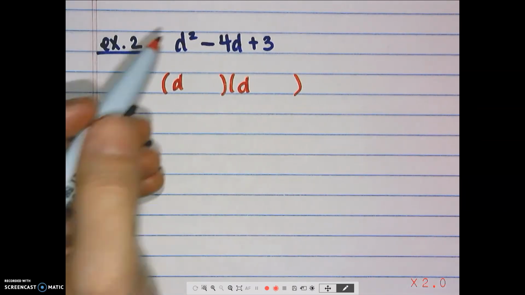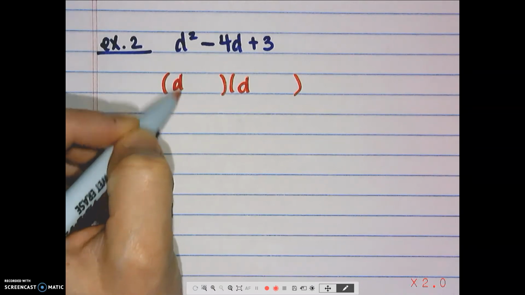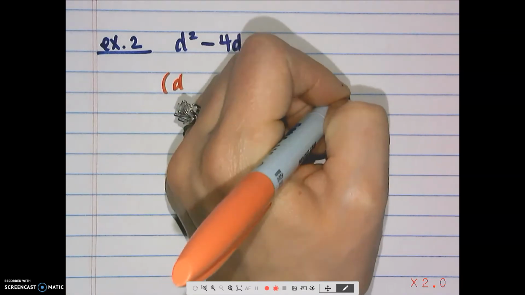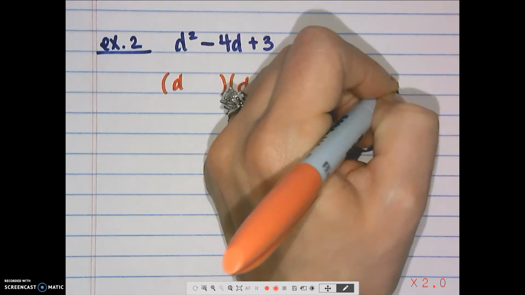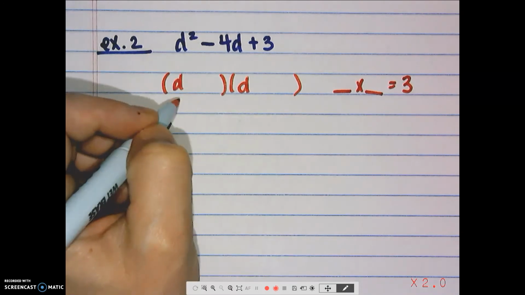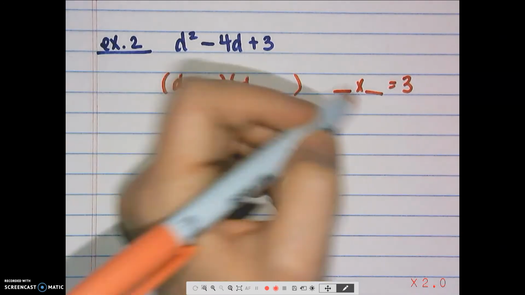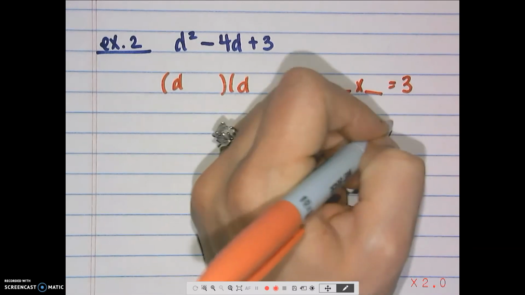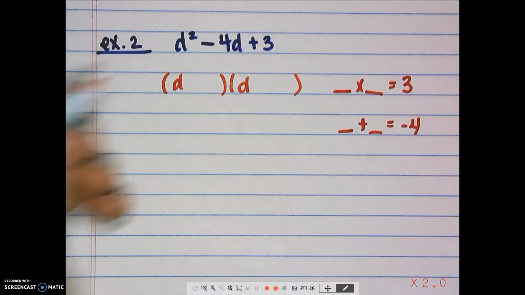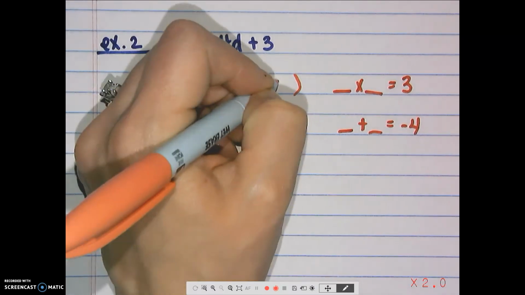These back two spaces need to multiply to give us 3, and the middle terms, when we do that distribution, need to add together to give us a negative 4. Our only numbers to multiply to give us 3 are 1 and 3.